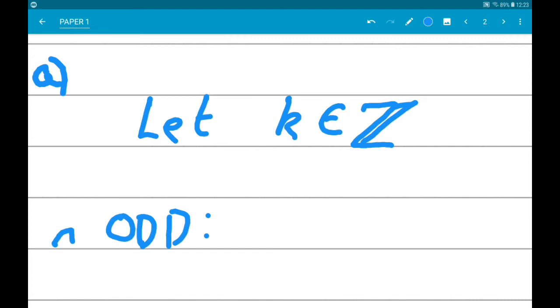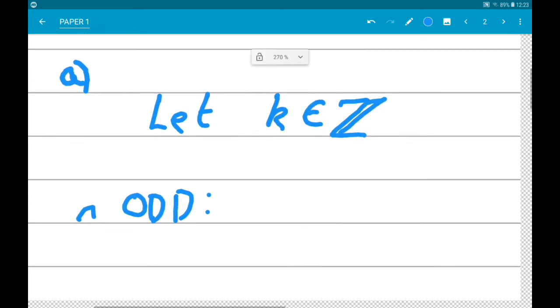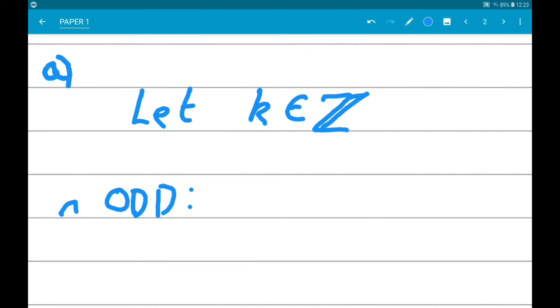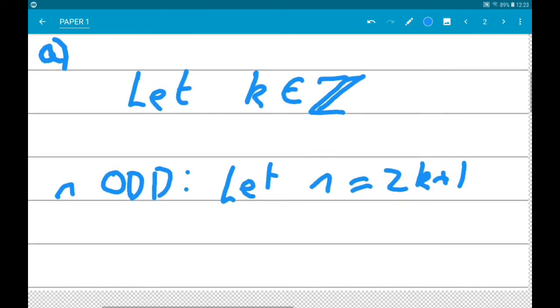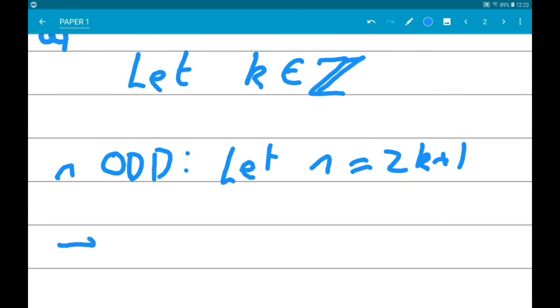we can say let n be 2k add 1. And then n squared add 2 is 2k add 1 squared add 2.